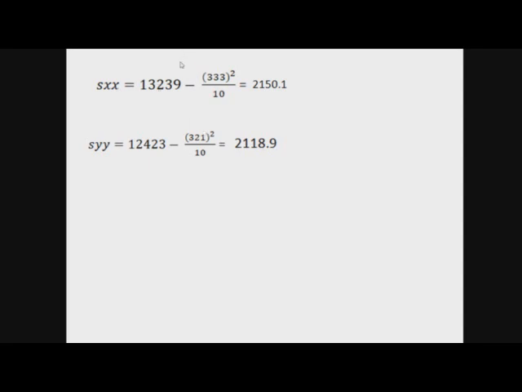So for SXX and SYY, you do the sum of the squared column, and in the top part of the fraction, also known as the numerator, you put in the sum of x squared, minus the sum of x, then you square it, and likewise for y.